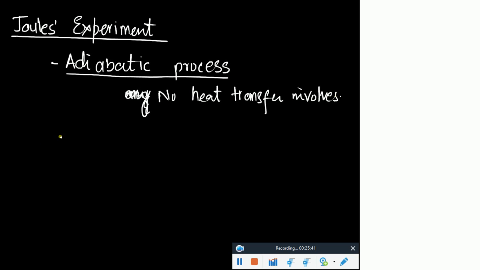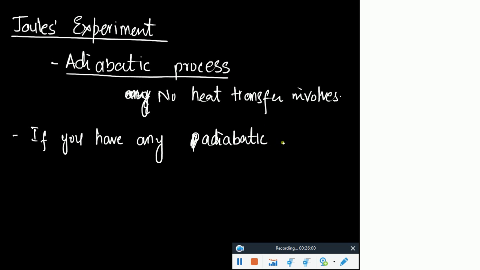Joule's experiment, very interesting. He said that if you have any adiabatic process, let me write it down more traditionally.